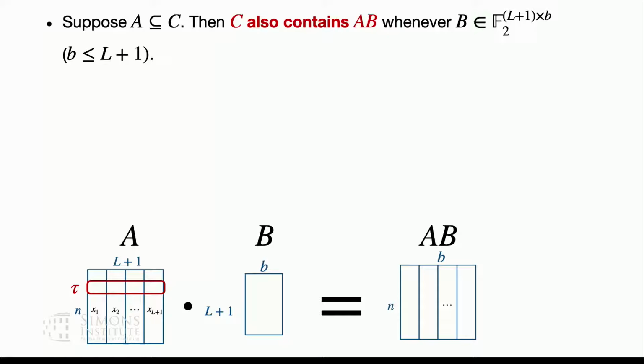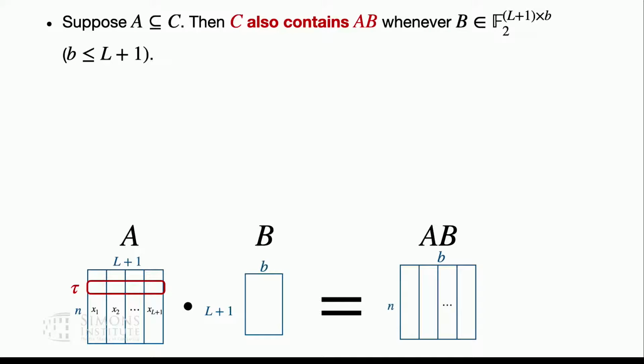Okay, so suppose that your code contains this tau distributed matrix A. Then, because of linearity, it also contains every linear combination of the columns of A, right? If I contain all the columns of A, I also contain all the linear combinations of A. So if I take A and multiply it on the right by a matrix B, say with B less than L plus 1, okay?